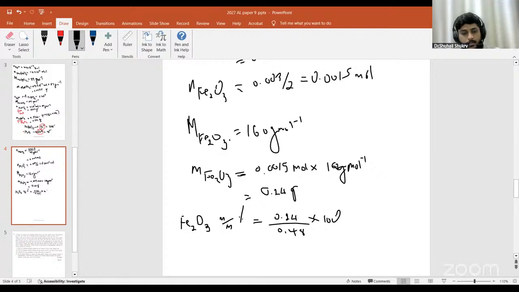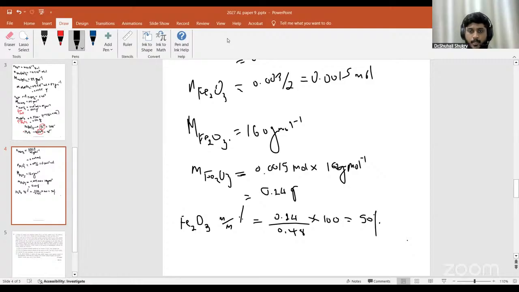So you get the answer: Fe2O3 percentage will be 50 here. Then the inert substance is 20%. Okay, so we get the answer like this.